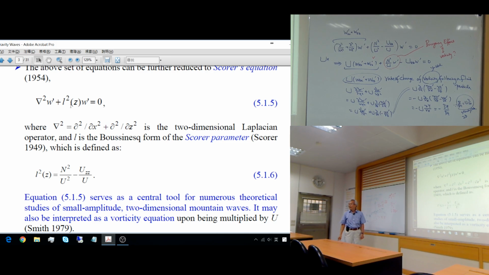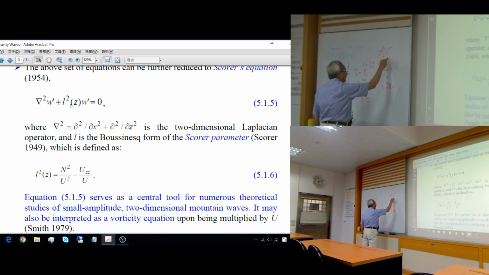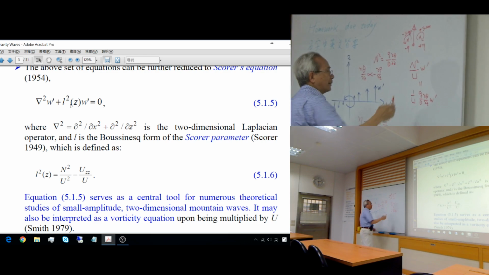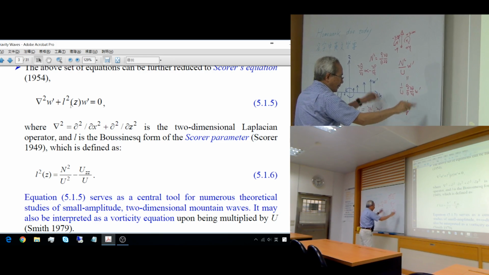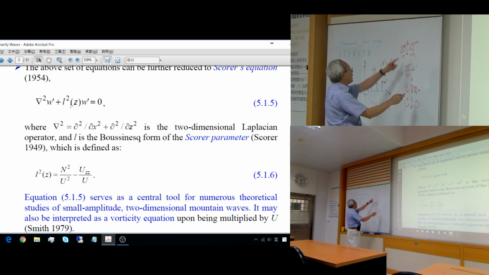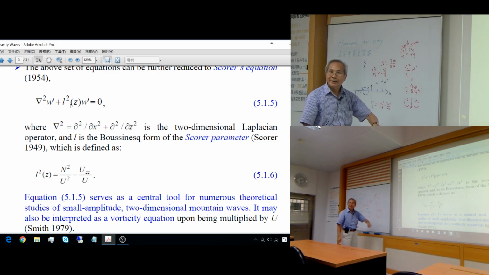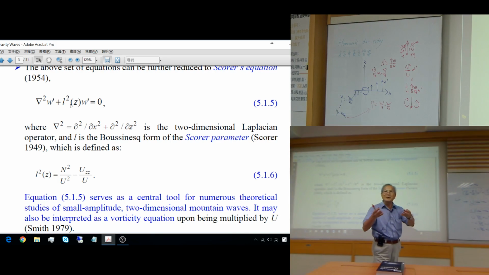So this is probably positive eta, this is negative eta. When you have downward motion, you create a pair of vorticity just opposite to this. So that buoyancy force produces vorticity.